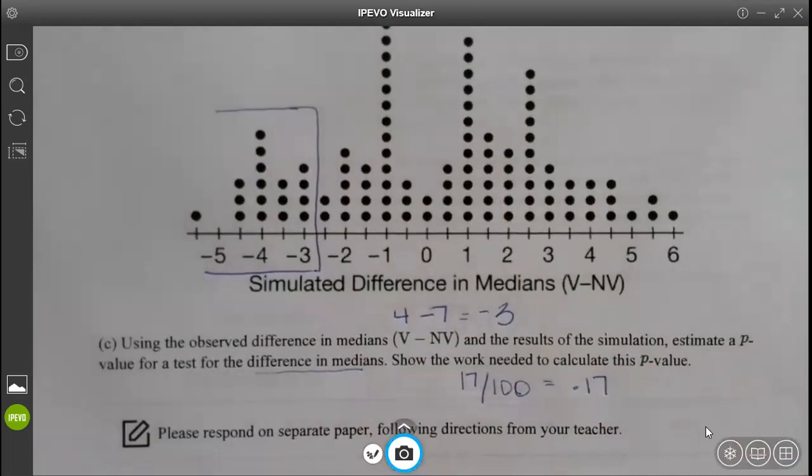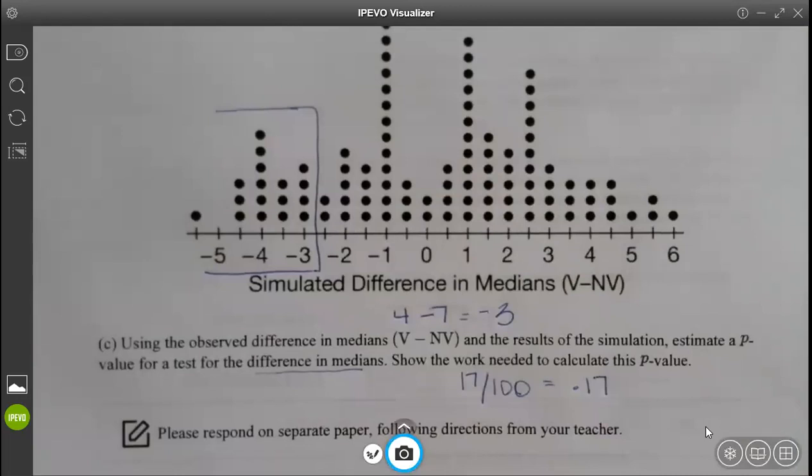The observed difference in medians from the box plots is 4 minus 7, which equals -3 attempts, because 17 of the 100 trials in the simulation produced a difference in medians of -3 or less. The estimated p-value based on the simulation is approximately 0.17. Essentially correct if the response indicates that the observed difference in medians is -3 and that there are 17 dots at -3 or lower, resulting in an approximate p-value of 17/100.